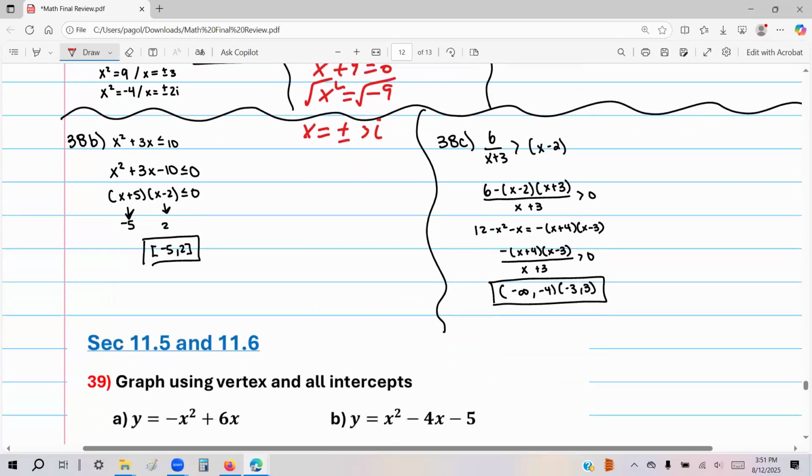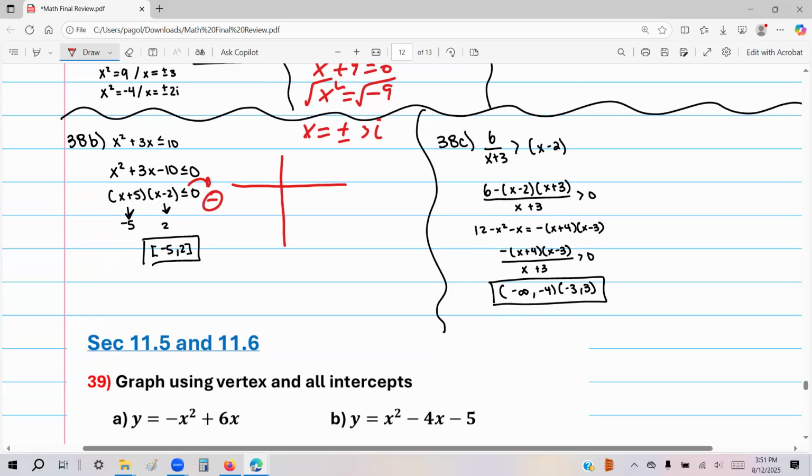For inequality, you have two choices. For example, if you give me this, I'll give you 0 unless you do it this way. Either you have to give me the graph and show me where the graph is the result. For example, here, what are you looking for? Less than 0 means what? Positive or negative?